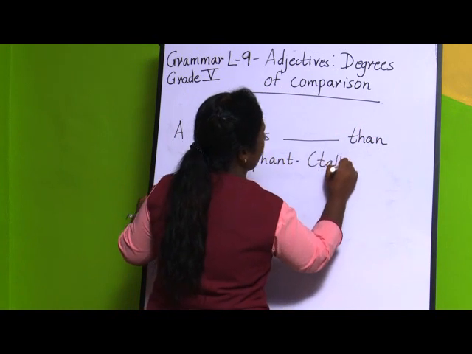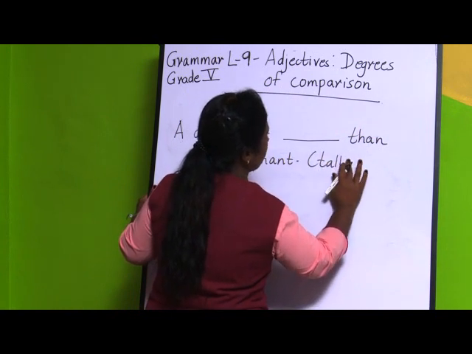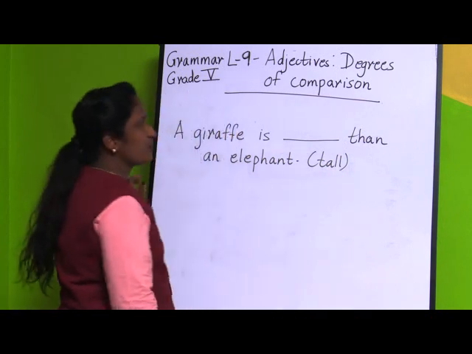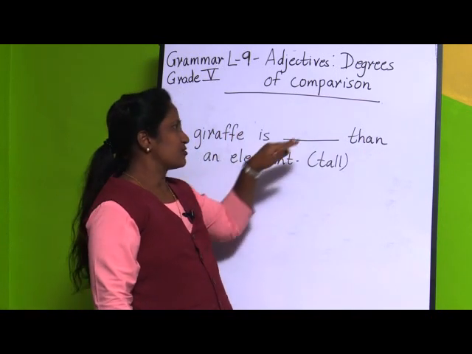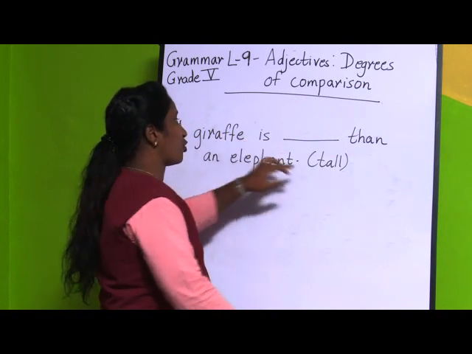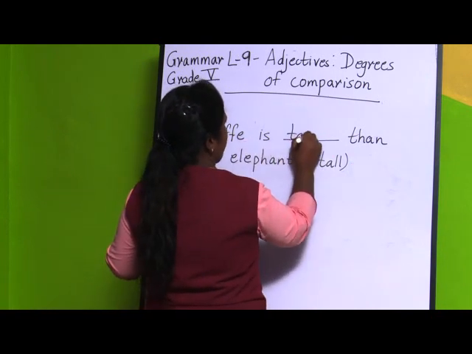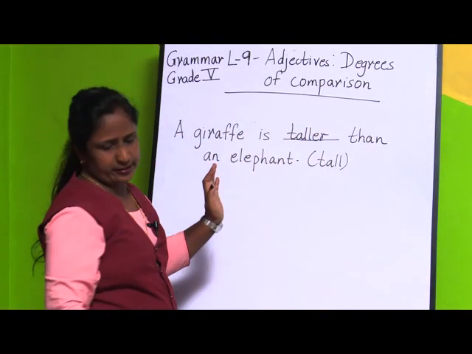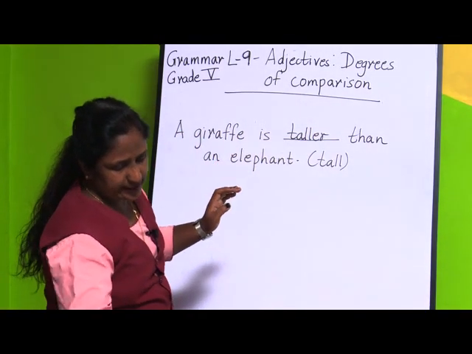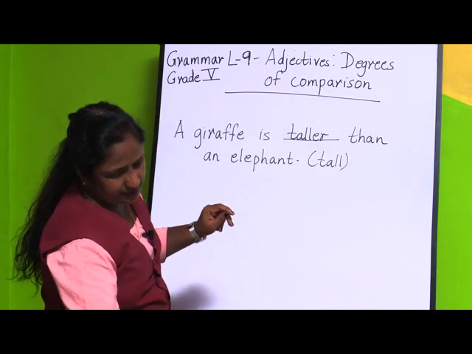So, you are going to write it into which degree now? Comparative degree, because you can see the word than over here. So, a giraffe is taller than an elephant.